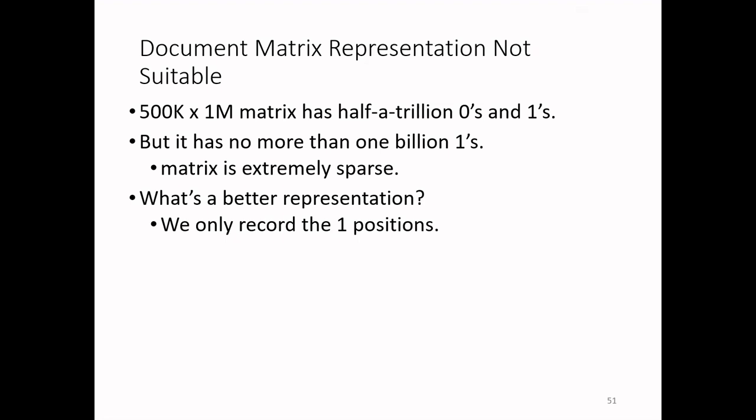So the term document matrix representation is really not good for real world problems. It is good for smaller problems. It is good as a concept to look at different things, but not a good way to implement things.